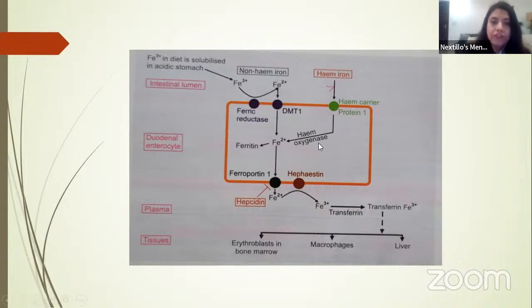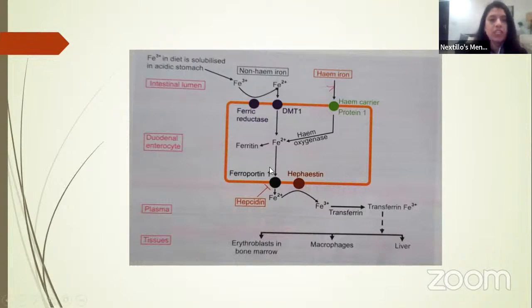Now, why is this ferroportin 1 important? Because ferroportin 1 is regulated by hepcidin. Now, this is important. Hepcidin is a protein which is produced and secreted by the liver. Hepcidin causes blockage of ferroportin 1. So basically, hepcidin helps in regulating how much iron comes out of the intestinal cell into the blood.